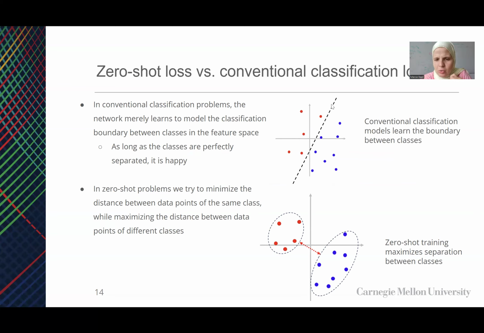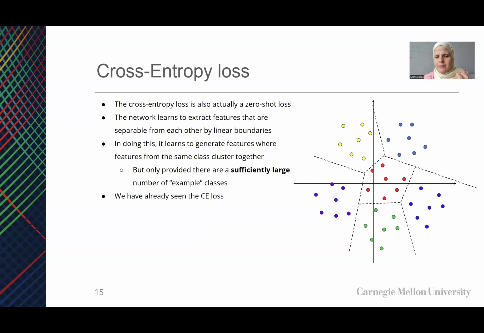So actually, one thing I need to mention about the cross entropy loss: the cross entropy loss is actually a zero shot loss, and the network learns to extract features that are separable from each other by linear boundaries. So in doing this, it learns to generate features where features from the same class cluster together, but only provided there are a sufficiently large number of example classes.